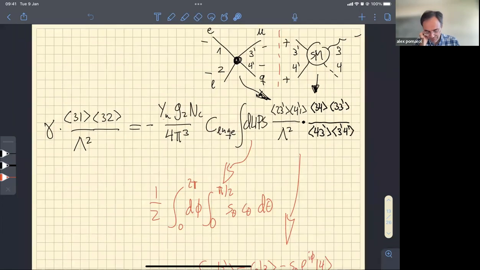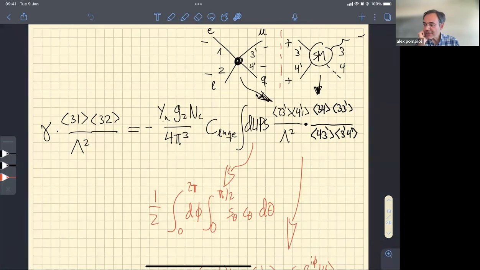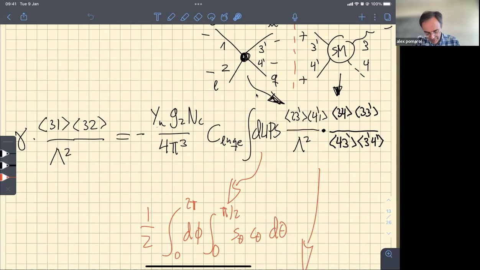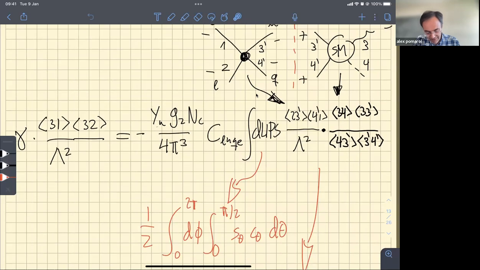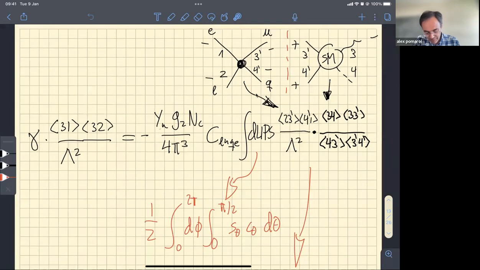Let me show here how to do it, because the phase space integration is also very easy. Remember, some of the internal states I put with a prime, 3' and 4', coming from these guys. The question is how to do this integral.